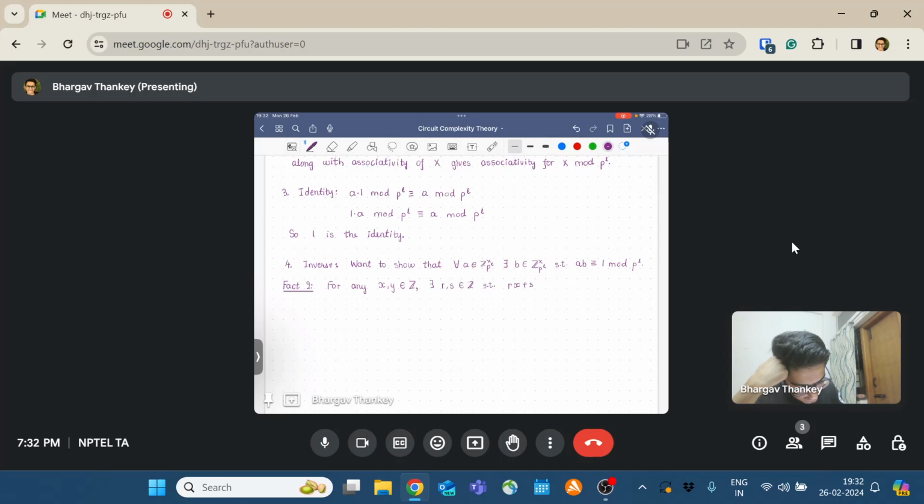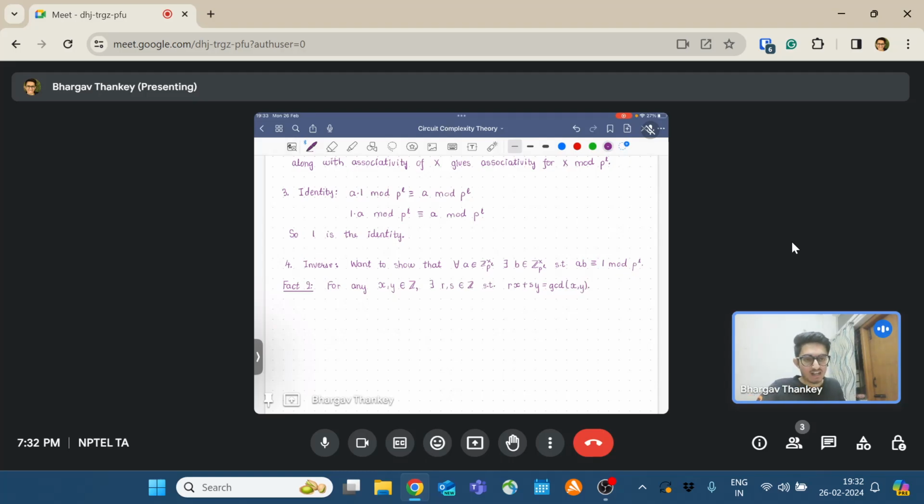Yes. So we'll use this fact. And now, can you tell me how using this fact we can find a B? Oh, sorry, the linear combination is not 1, it's the GCD. So can you tell me how using this fact we can find the GCD?